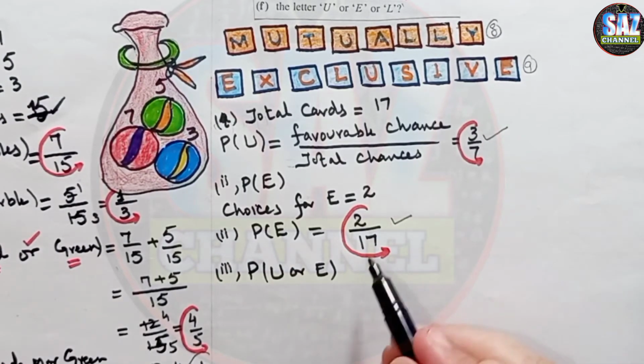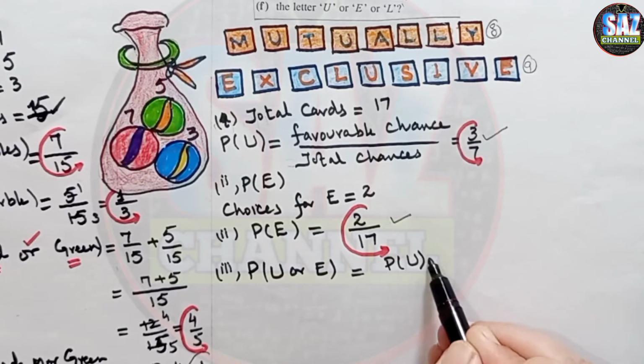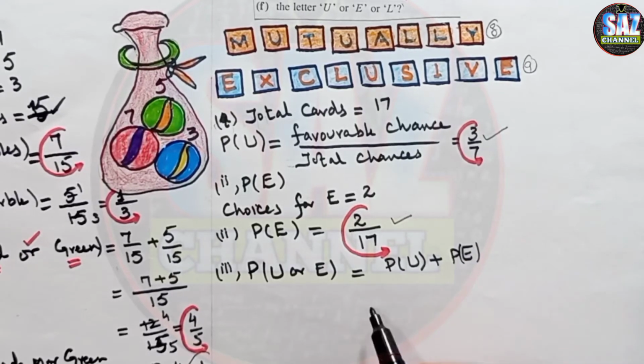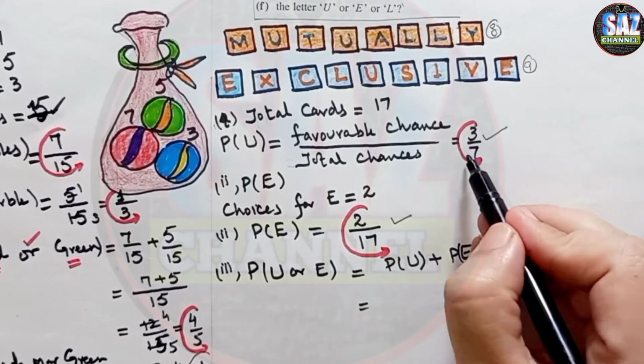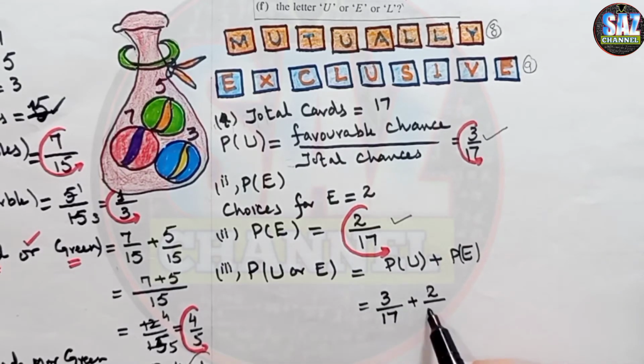So what we have to do is, this will be equal to the probability of U plus the probability of E. That is 3 by 17 plus 2 by 17. Now I have to take the LCM here, 17. 3 plus 2 is equal to 5 by 17.